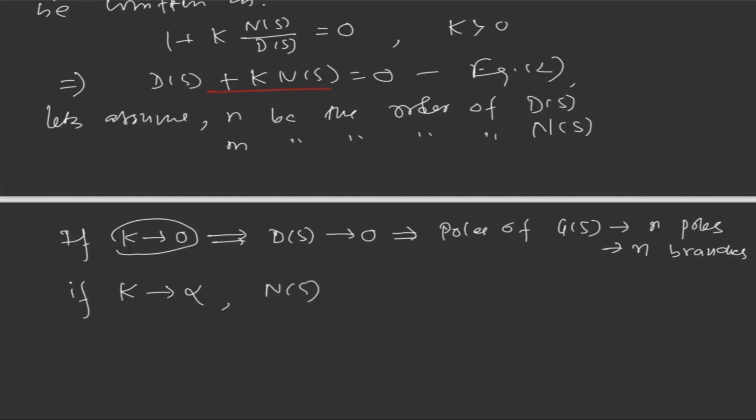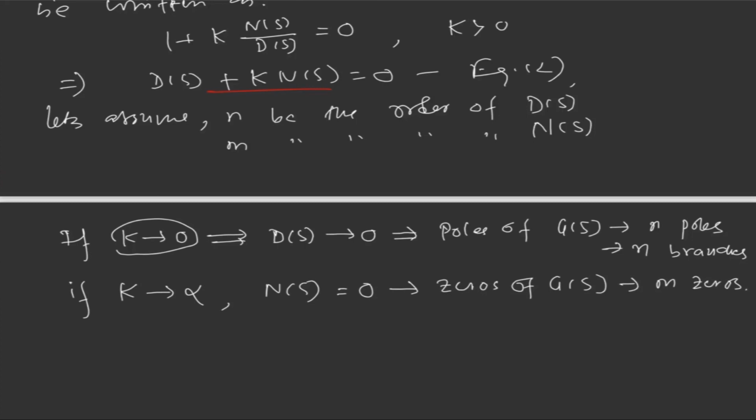N(s) equal to 0. So it means we can write zeros of G(s), where it is basically m zeros, right? M zeros.